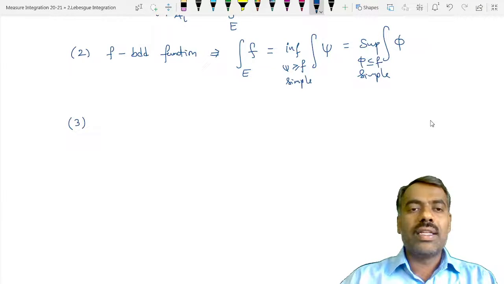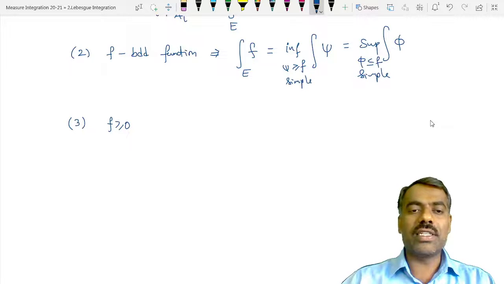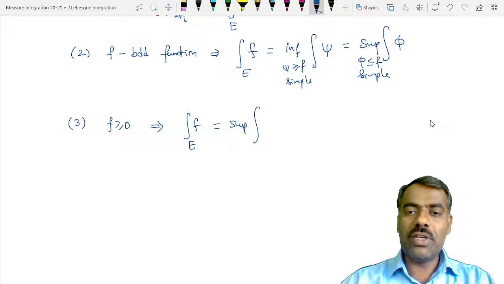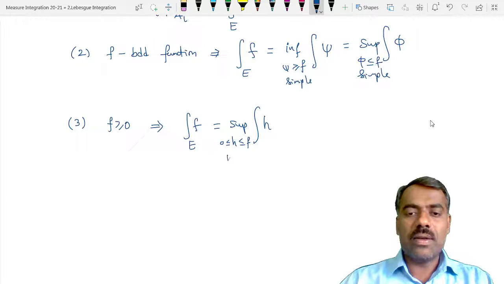Then what is our next step? If f is a non-negative measurable function, then the integration of f over E we have defined in terms of bounded functions, as the supremum of the integration of h, where h is less than or equal to f, and of course bigger than or equal to 0, where h is a bounded measurable function with finite support.